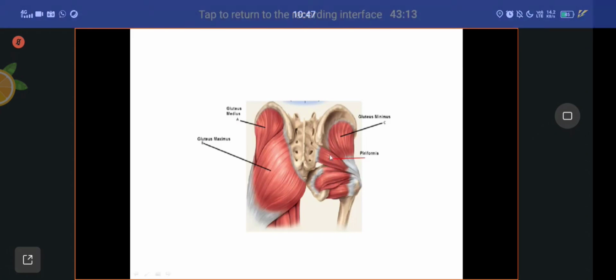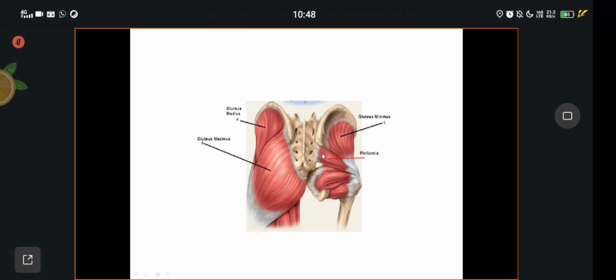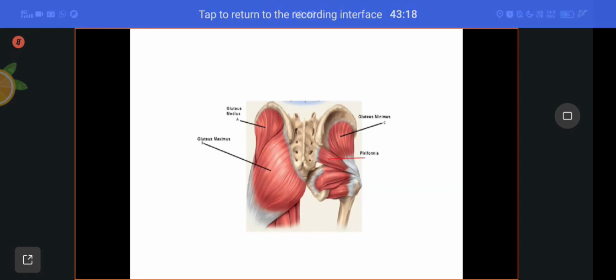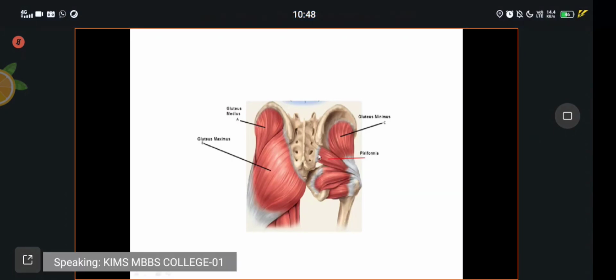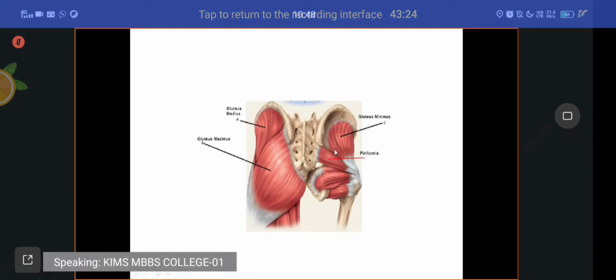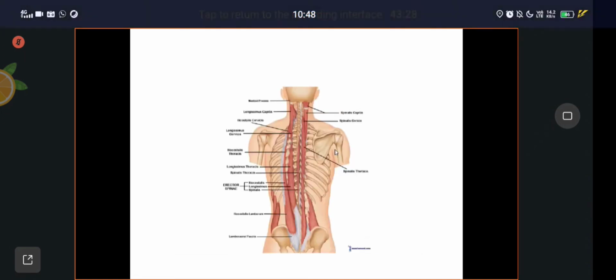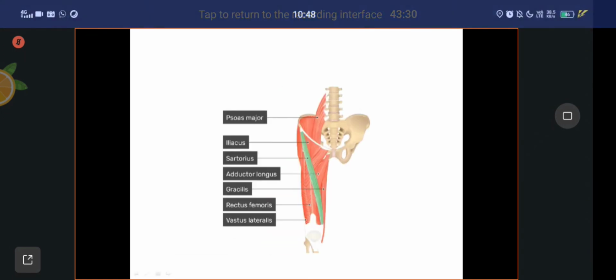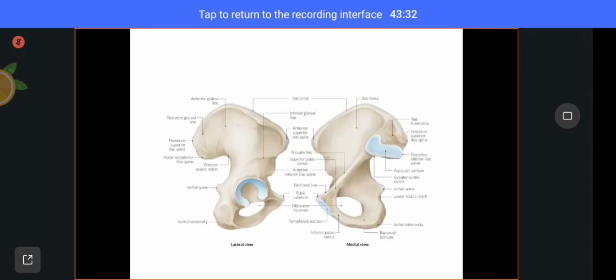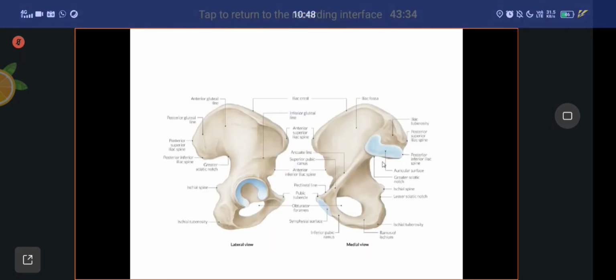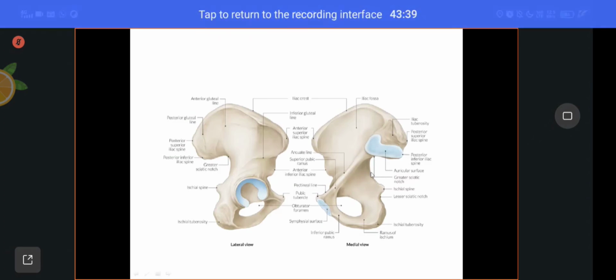And this piriformis muscle is a key muscle in the gluteal region. Which is the key muscle in the gluteal region? The piriformis muscle. So this is the sacropelvic surface and the greater sciatic notch.